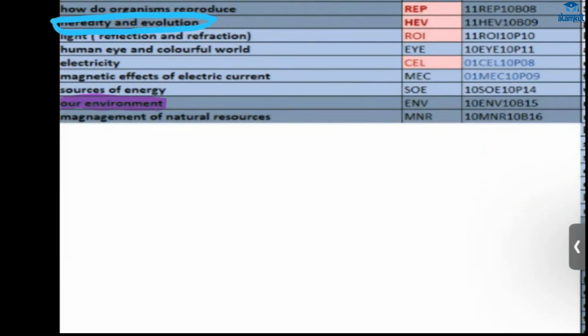We will just start a few topics because we're going to have our pre-boards soon, in 1 week. So some topics have been left out. Management of natural resources, I don't think that chapter is there. We also don't have it. Okay, this chapter is there and this chapter is not there.